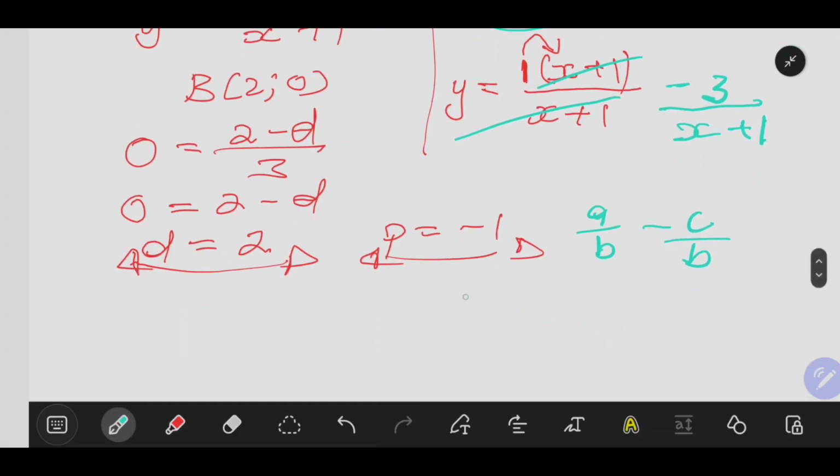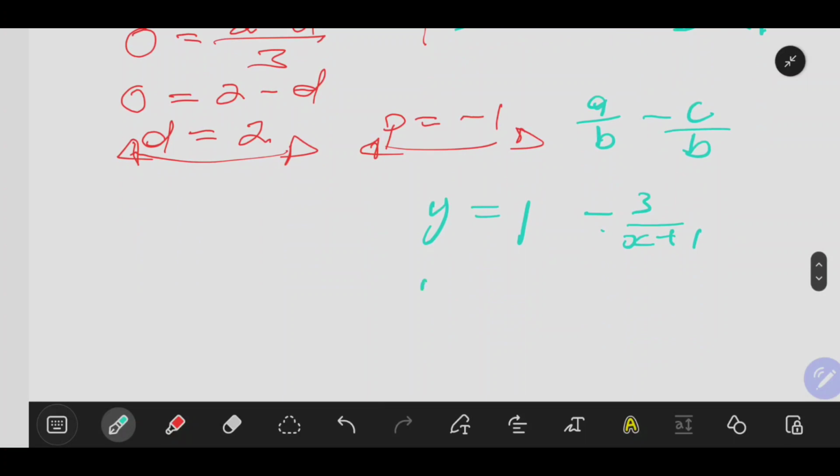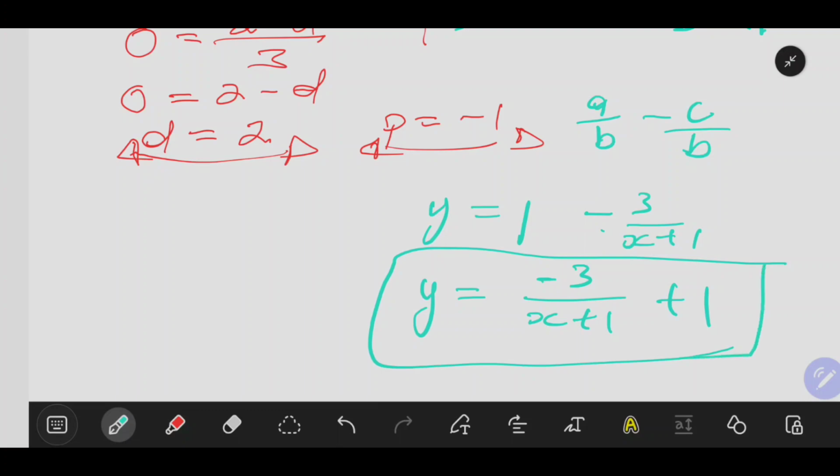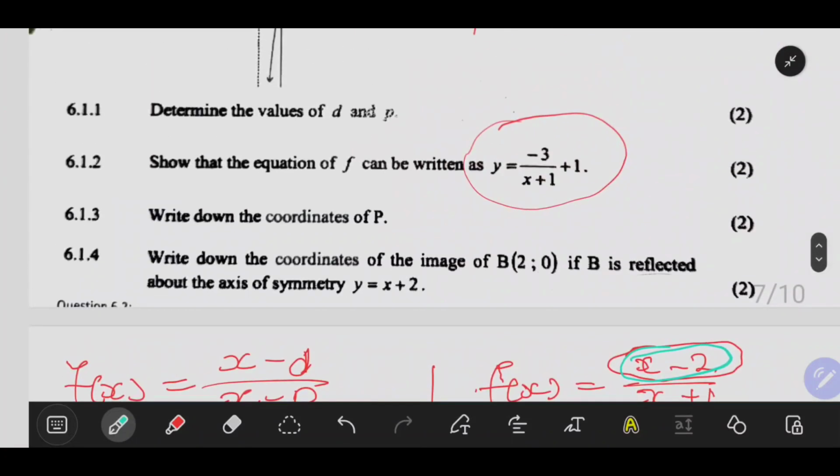Then our equation will be y equals, we remain with 1, then minus 3 over x plus 1. Then you can put it in standard form: negative 3 over x plus 1, then plus 1. So you can see that this is what they were looking for.